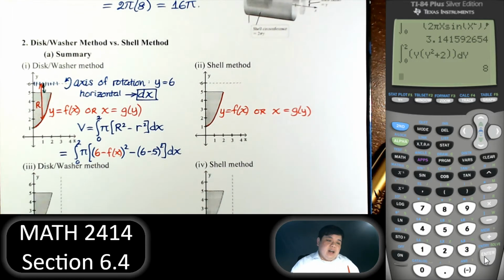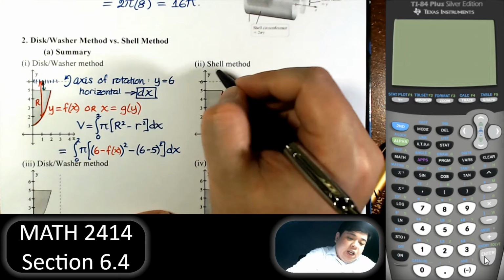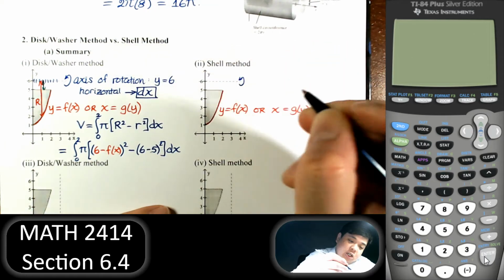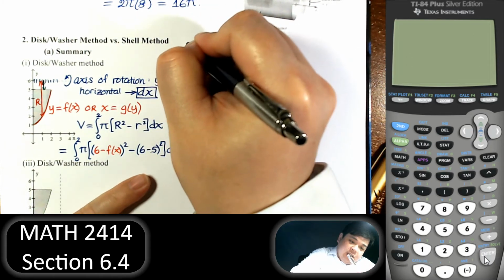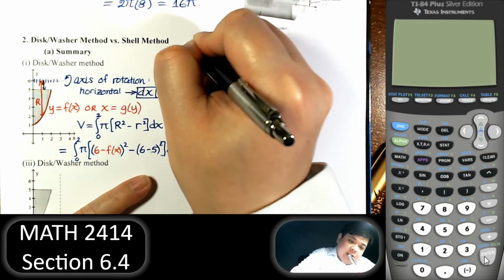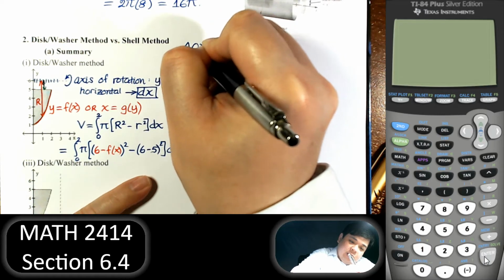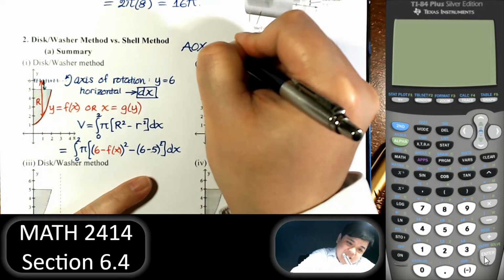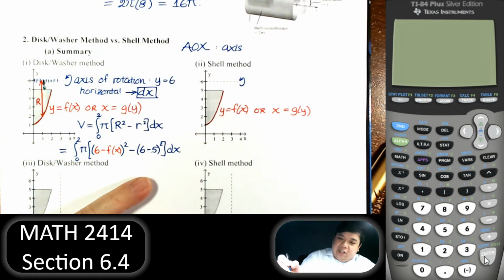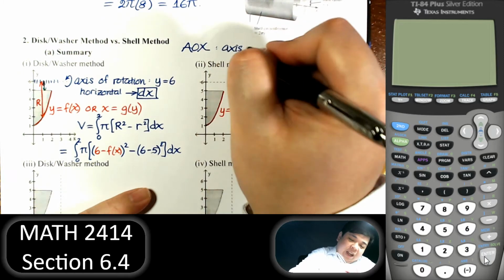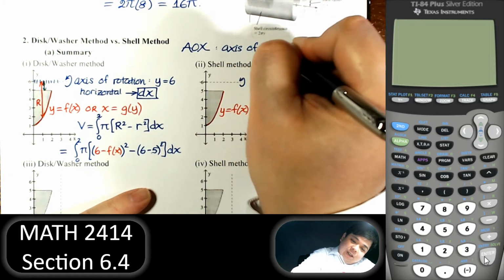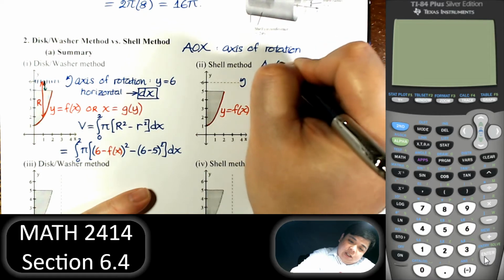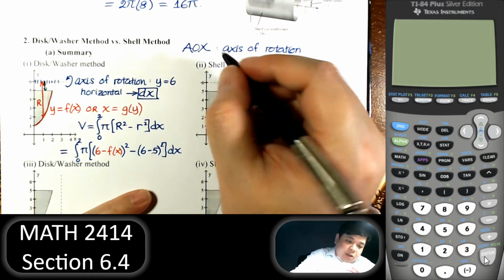Next, if we use the shell method for this one, the axis of rotation is still here. For now, let's abbreviate it as AOR, axis of rotation.